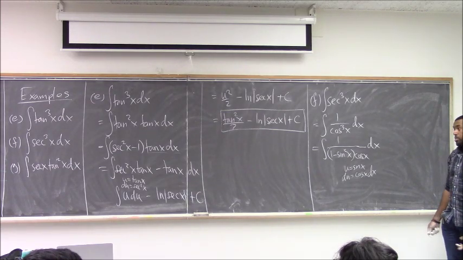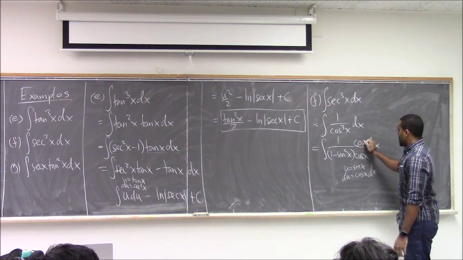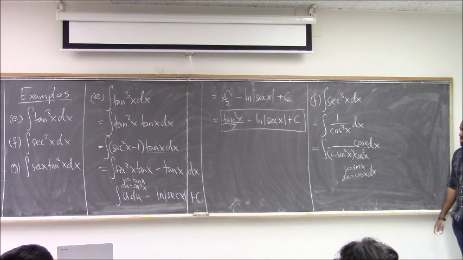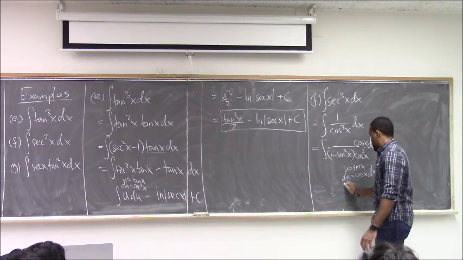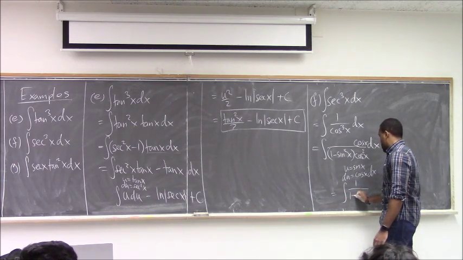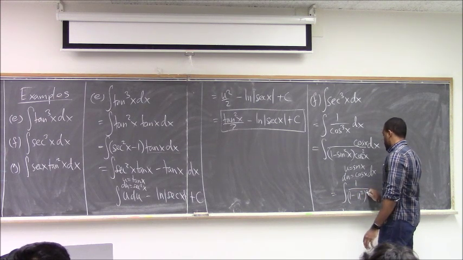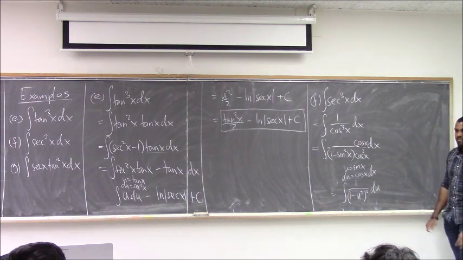What if we multiply and divide by cosine? That's a math trick that seems to work all over the place. So this would actually be 1 over 1 minus u squared squared du. Do you know how to deal with that?